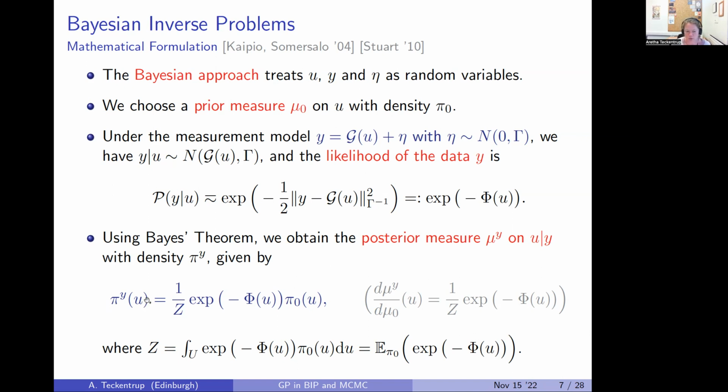So you have to make sure that this PDF pi y u integrates to 1, which is why you have this normalization constant there. So that's, in the Bayesian framework, the solution to the inverse problem, right? Remember, the inverse problem was to find U given the observed data Y. And so this distribution of U given Y is what we're after in this context.